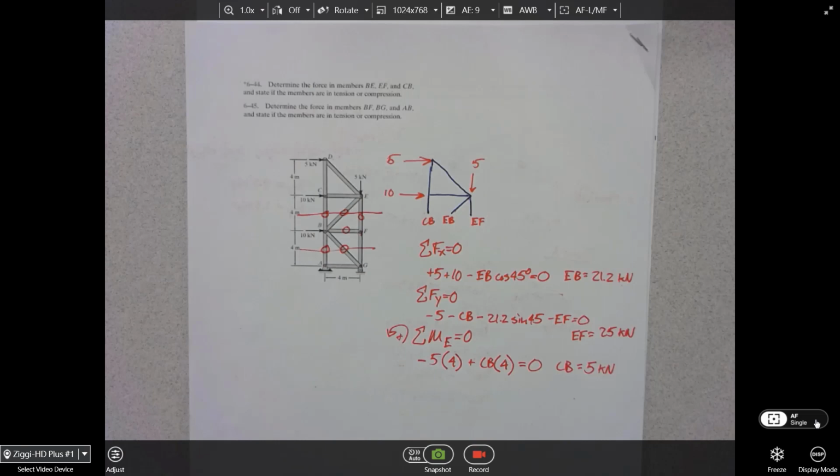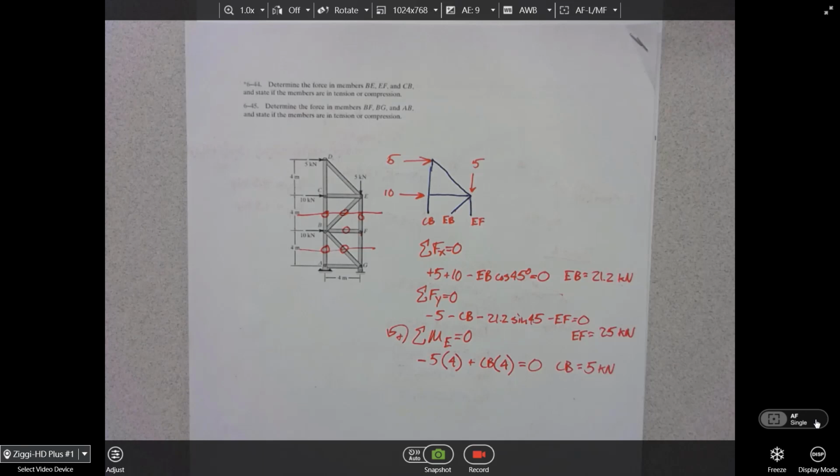So if we do that, we should probably draw a new free body diagram. It's going to look like this. We still have all the loads, got to make sure they stay on there. 5, 10, 5. We'll have CB, EB, and EF, like so.